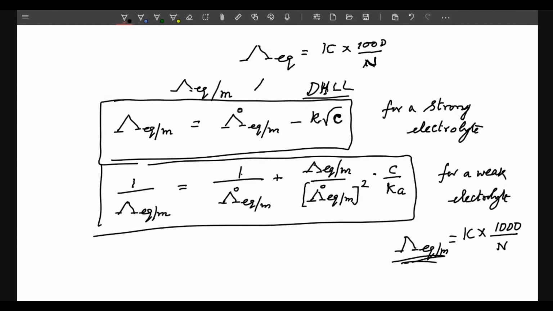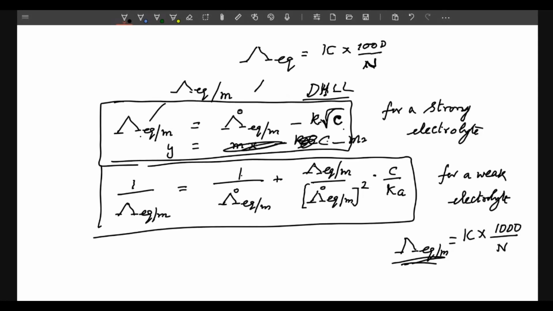For various concentrations, prepare these values, and plot lambda equivalent or molar with respect to root C. This is in the form of Y is equal to C minus mx. Now you will have one straight line with a negative slope, from which you will get the lambda naught experimentally.